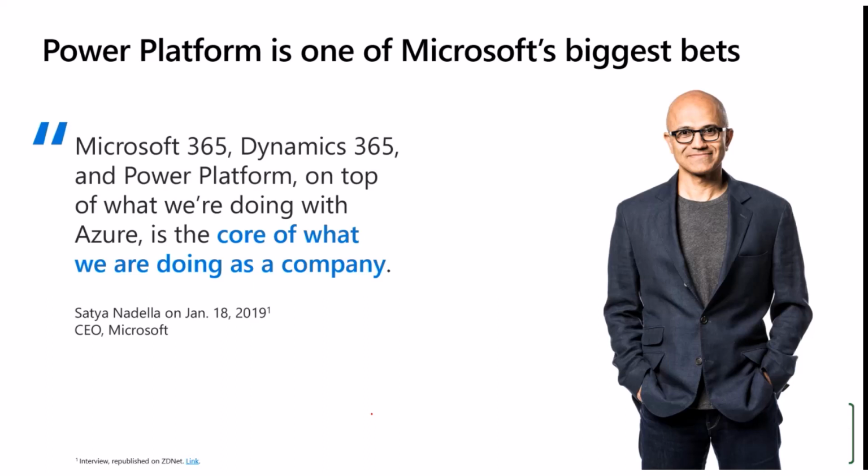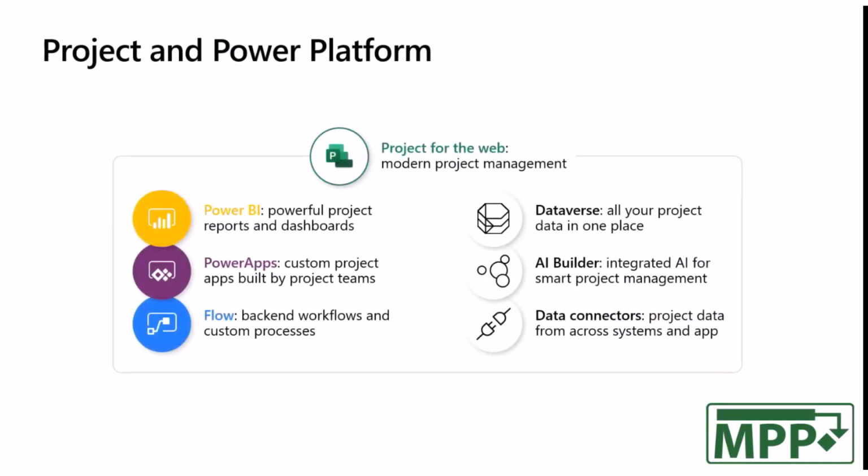Now, before we do that, let's talk a little bit about where the Power Platform and Dataverse really sit with Microsoft. They are making a heavy investment into what's known as Power Platform. Power Platform is the umbrella term that includes Dataverse, Power BI, Power Automate, and all these different applications and services that sit under this umbrella, and Microsoft is really focused on that area.